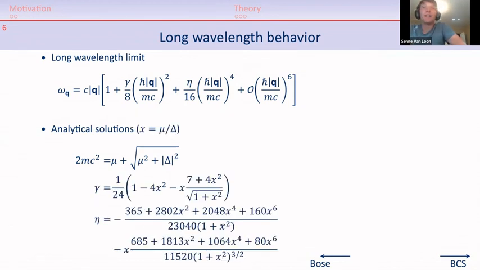And again, we find some analytic results in terms of this ratio between the chemical potential and the order parameter. And it's this gamma parameter that describes the concavity of the collective mode.